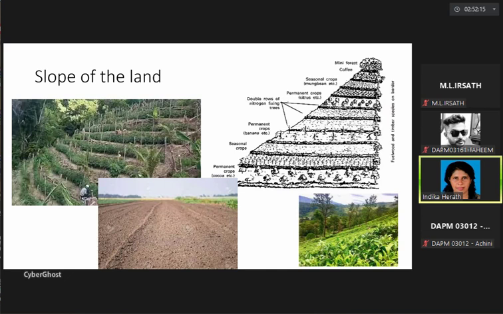But if we properly manage, we can minimize this erosion effect due to slope, right? There is a special thing called the sloping agricultural land technique, SALT. That is for managing sloping lands without doing any harm to the system, right? We'll be talking about that, so just give me a minute.